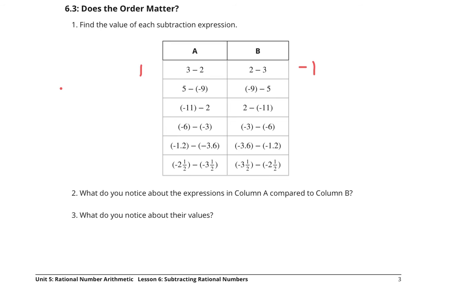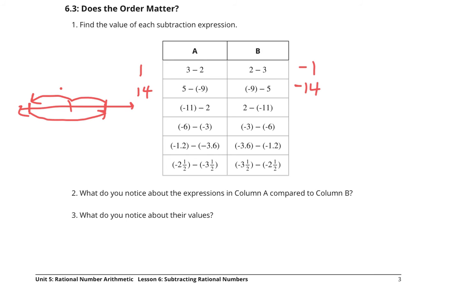You could figure it out any way you want to. What's the distance? This next one is asking, what's the distance between 5 and negative 9? Again, if I went number line, 5 is here, negative 9 way down here. 5 to negative 9 would be 14 units. How about negative 9 to 5? Negative 9 to 5 would also be 14 units.